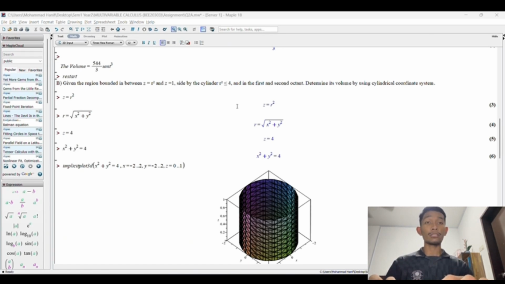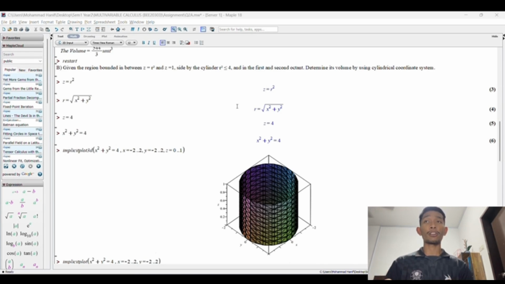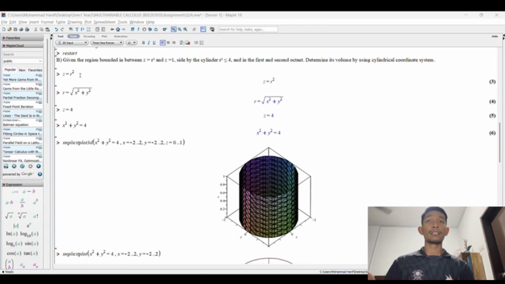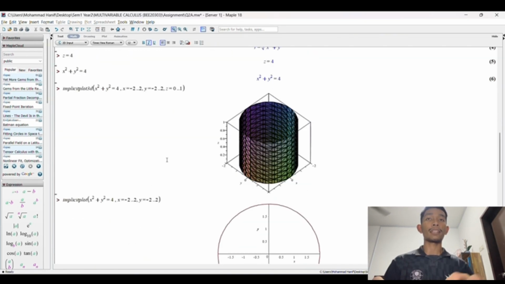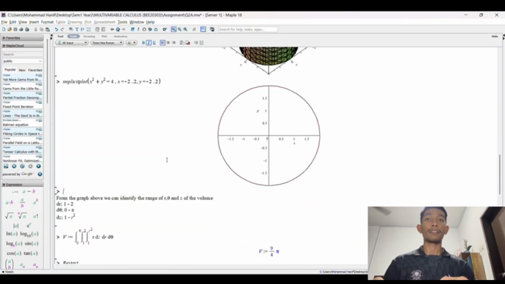Now I want to continue this presentation with the simulation for question 2B. First of all, we write all the information in the question in the code for Maple. After that, we use implicit plot 3D and implicit plot to make the graph in 3D and 2D. After that, we can know the limits of dr, d theta and dz.